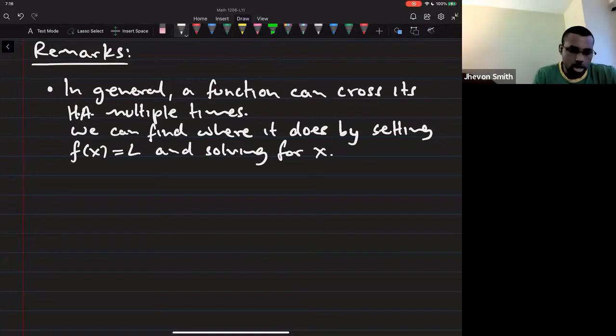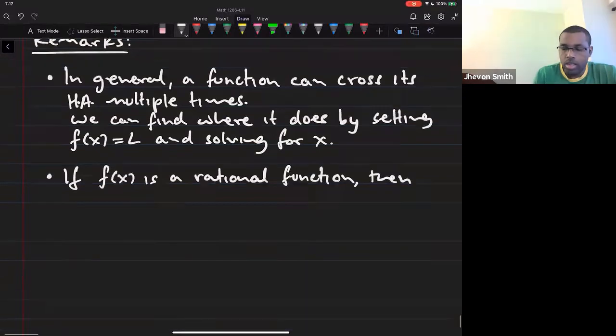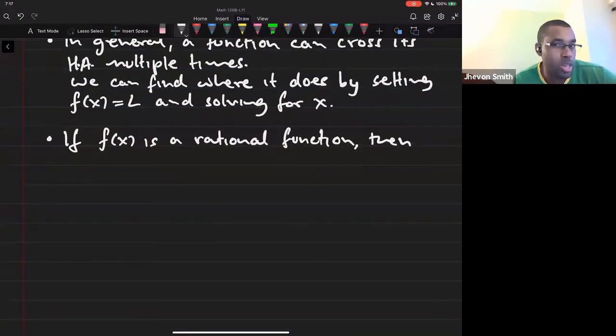So that's one thing. Another thing I think is worth mentioning is that if f of x is a rational function, which we're going to be looking at a lot of the time, then it turns out that the limits will always give you the same value.